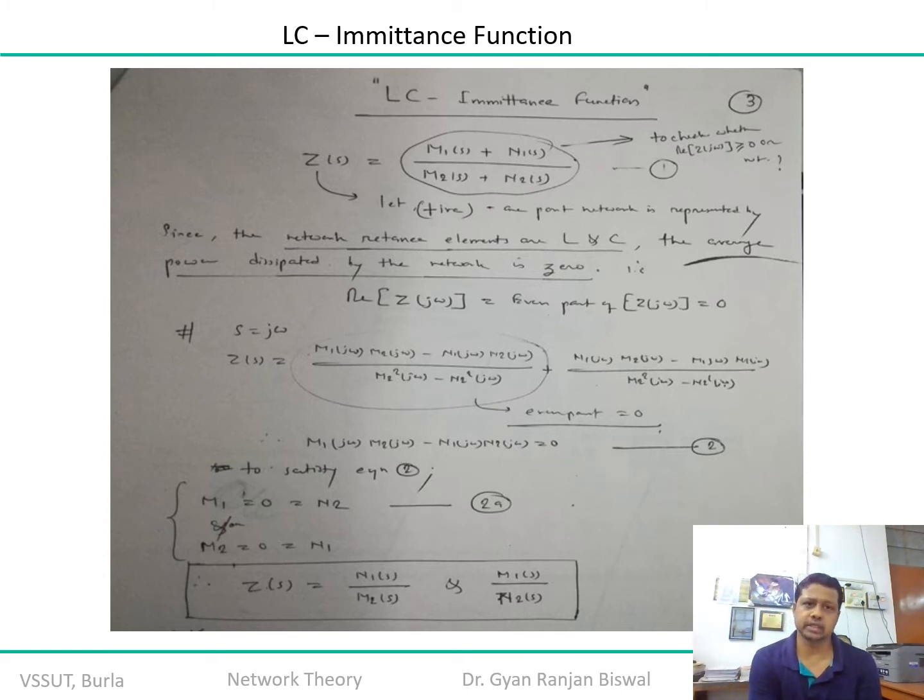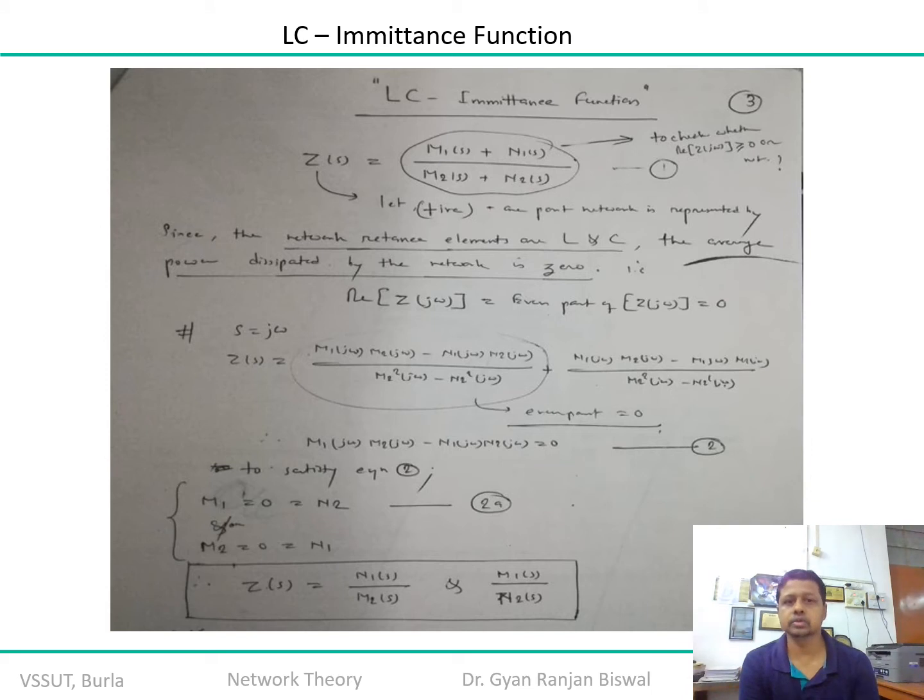Therefore I can say that for the real part of this impedance function Z(s) when s is equal to j omega, because there is no resistive component, there is no attenuation, so sigma is equal to 0. So if I replace s with j omega, I get the real part of Z(j omega), that is the even part of this particular function, which is equal to 0.